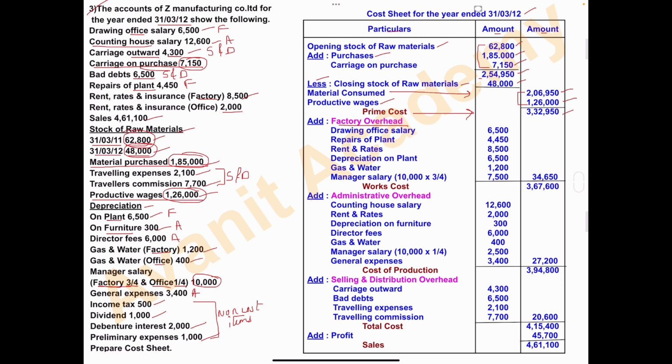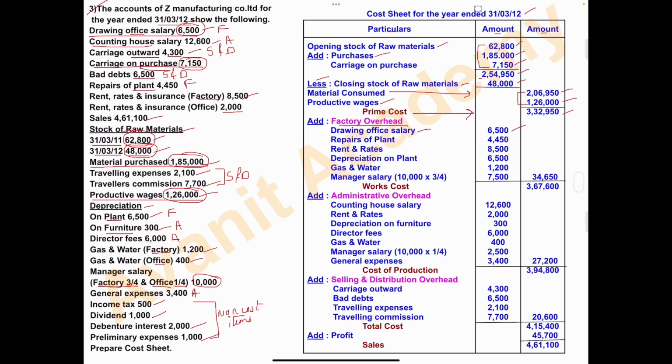We have already seen which items we have to take under factory overhead. The first item, drawing office salary, we take under factory overhead, and the amount is 6,500.